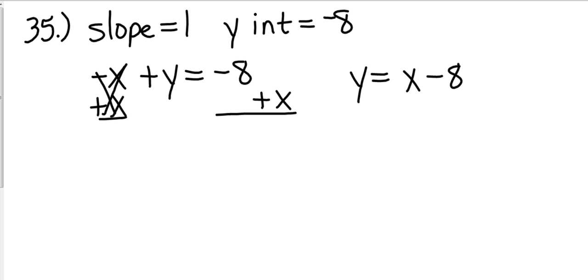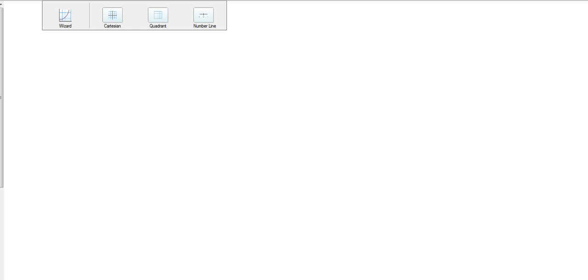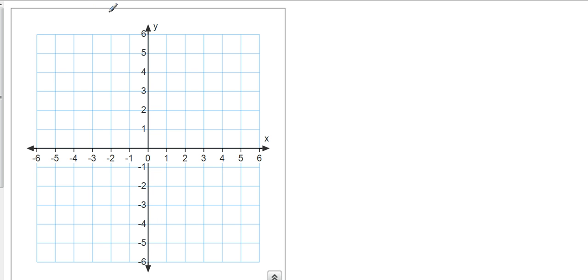Now we're going to get to some graphing in slope-intercept form. So let's go ahead and look at number 36. Number 36 is y equals negative x plus 4. So I'm going to identify my y-intercept as 4. It's by itself.